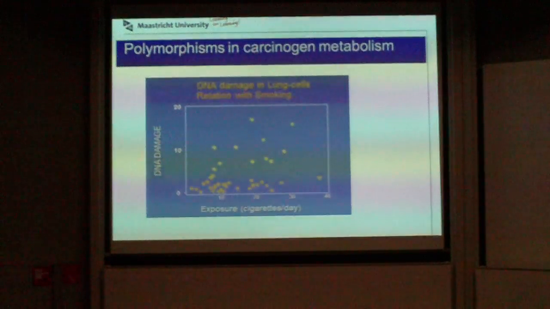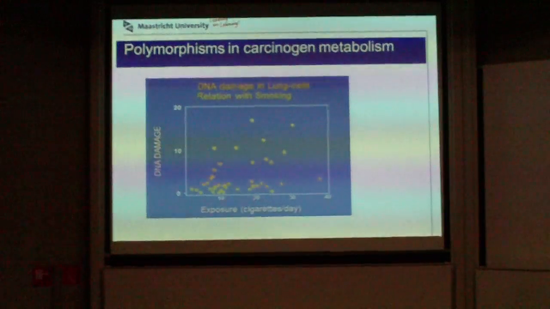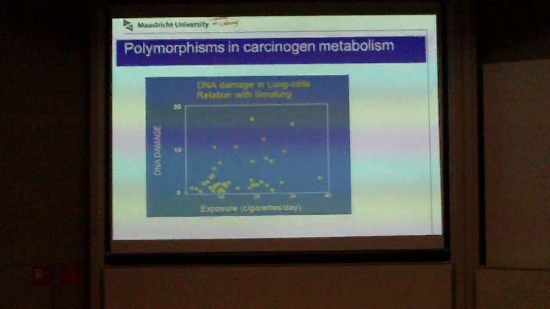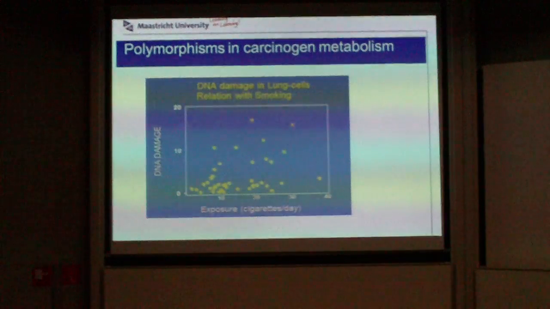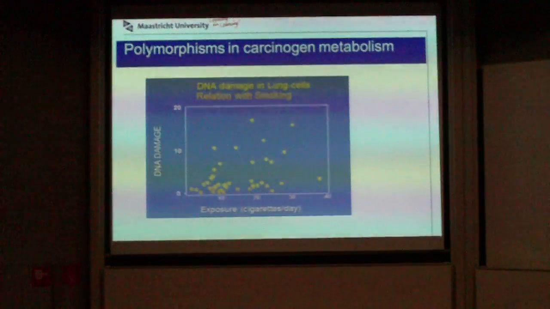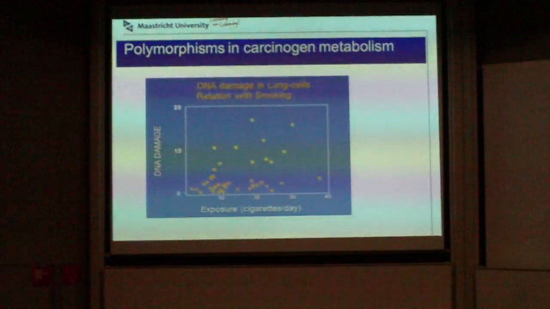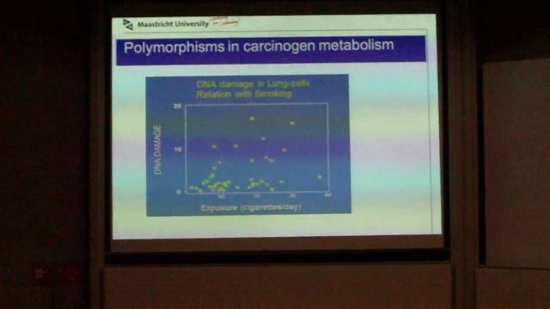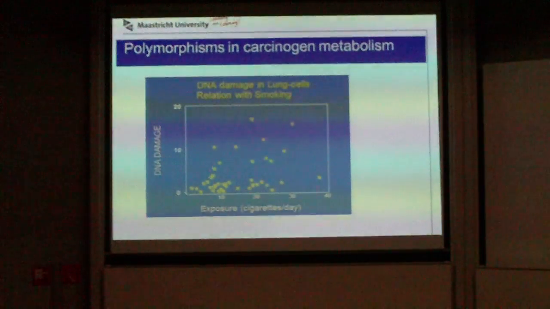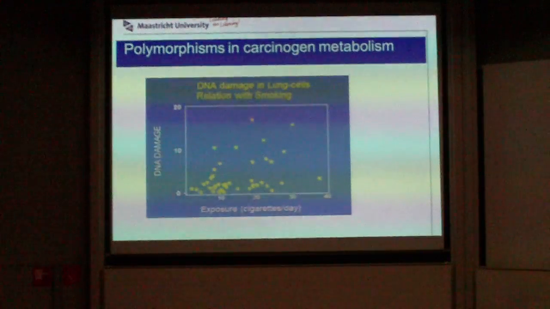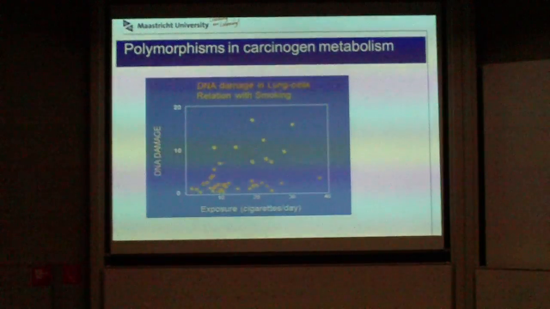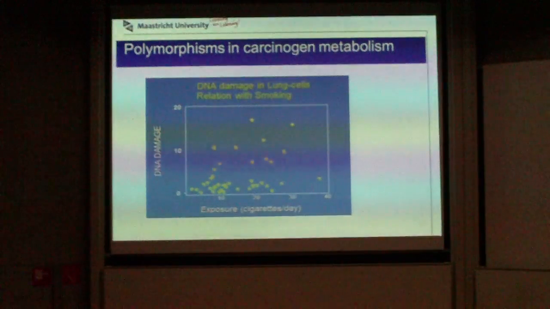So we have different polymorphisms, so again, genetic variants of the same enzyme that can produce more or less active forms of this metabolizing capacity. And if you look at this DNA damage in lung cells in relation to smoking, then there's not really a very good correlation. You say, well, it's a little bit lower here, but if you cut off here, there's not really a good correlation.